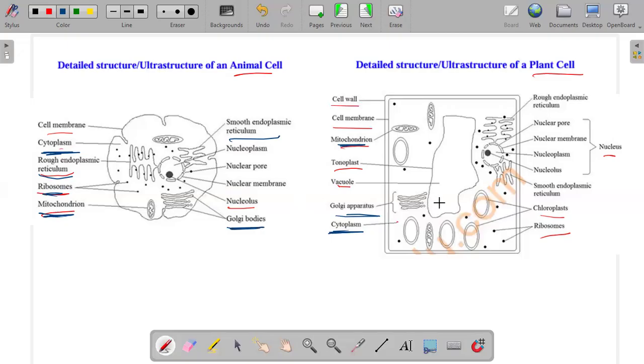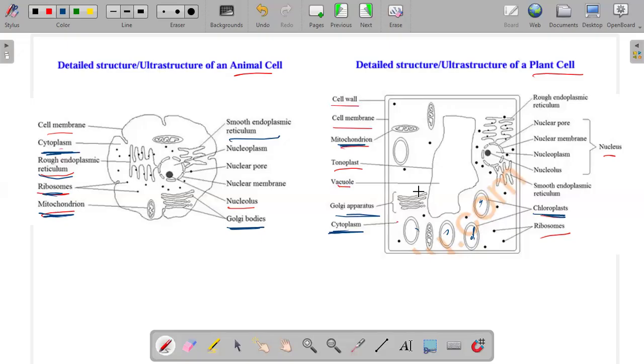Then let's go on to explain the last three structures here, which we have not explained. These are the ones that are only in the plant cell, and that is the chloroplast. The function of the chloroplast is to carry out photosynthesis.